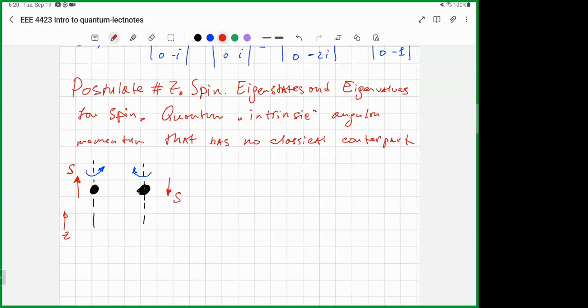But when you calculate the velocity at which the particle is supposed to spin around itself, the velocity of this rotation would be larger than the speed of light. Because the particle is so small, this rotation would be so fast. So it's not a real rotation, but this is something that can be imagined as a rotation.